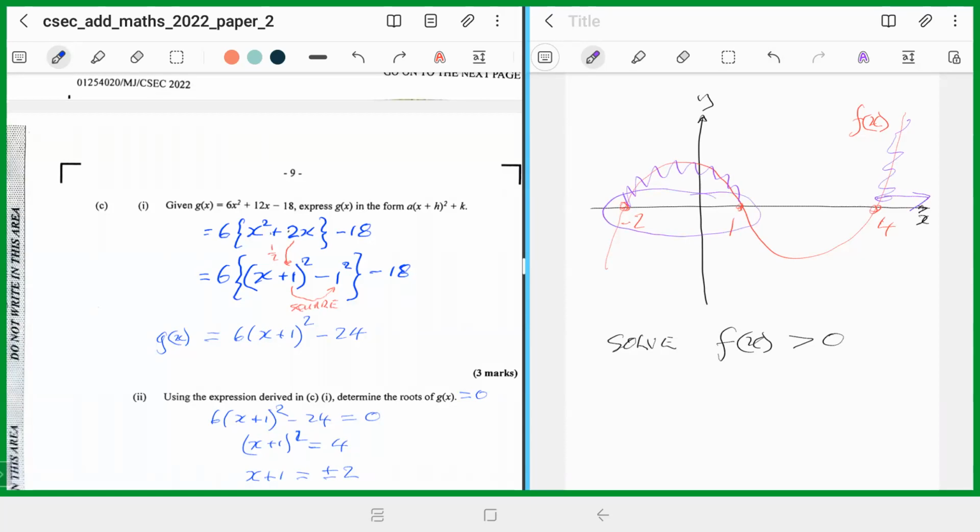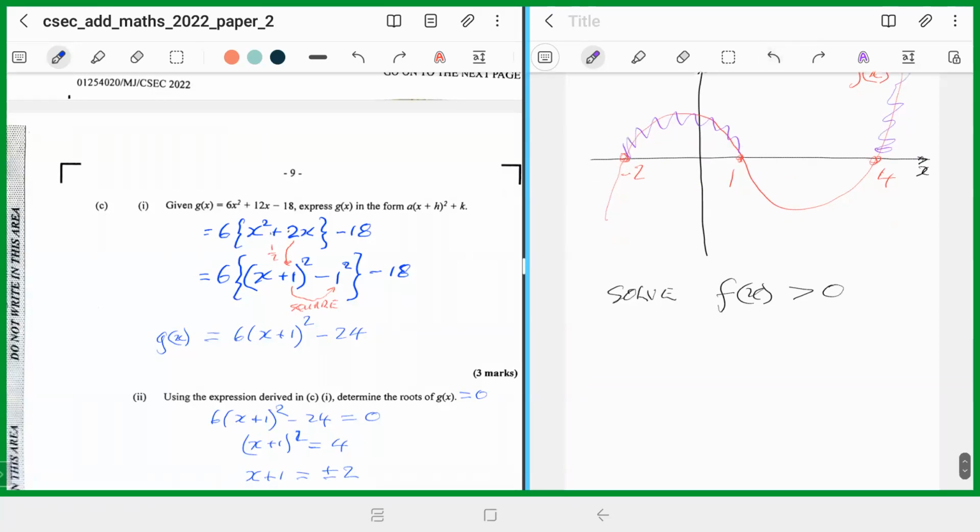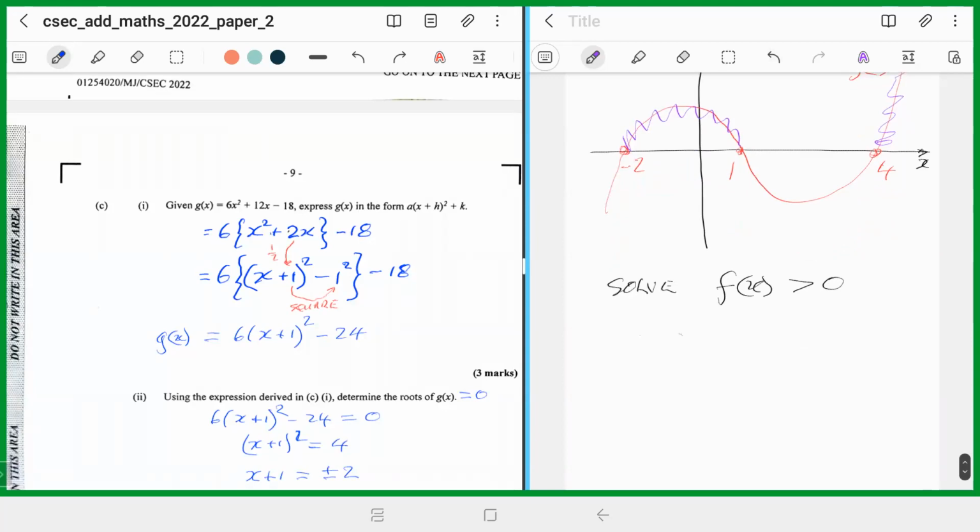So you write the answer like this: x is less than 1 and greater than -2, union x is greater than 4. That's for pure maths. Part of it is between two roots, the other part is outside another root. That will be the answer for this inequality and that cubic function.